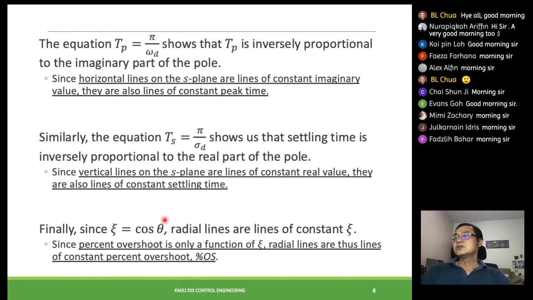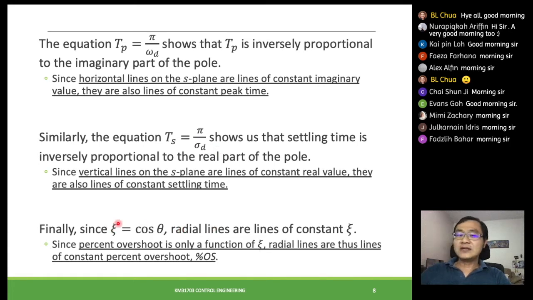So here are the basic ideas behind it, the relationship between the performance, the peak time and the settling time, related to the natural frequency of the damped part, the imaginary part, as well as the real part. We just break them into two sections, so it's either the imaginary part of the pole or the real part of the pole, right?